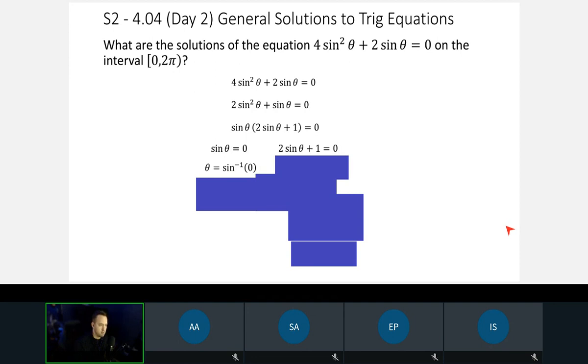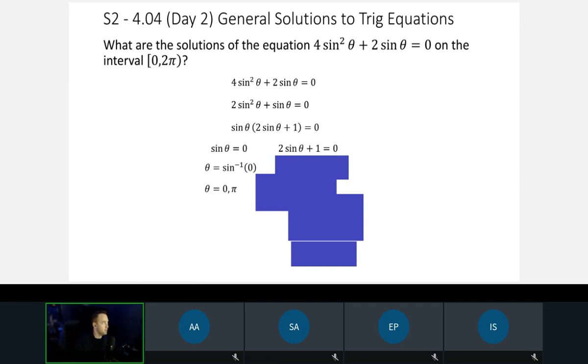At 0 and pi, yes. Using your unit circle, you get 0 and pi. Yep. You type it in, you only get 0. It doesn't actually use the full rotation.